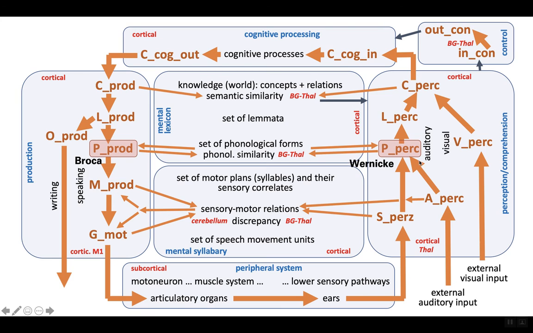So that means we implement, we call it ablation, of a percentage of neurons in this buffer, which should lead to a Wernicke aphasia. The same on the production side would lead to a Broca aphasia.